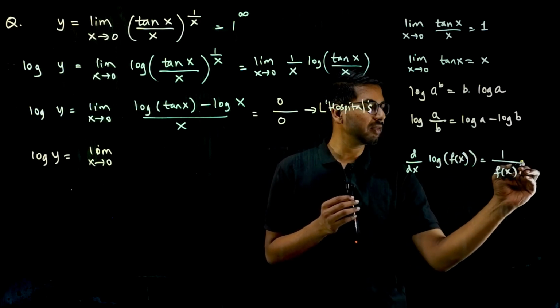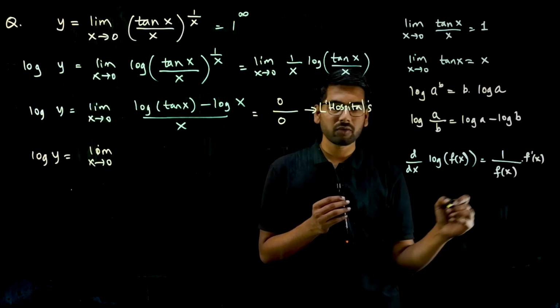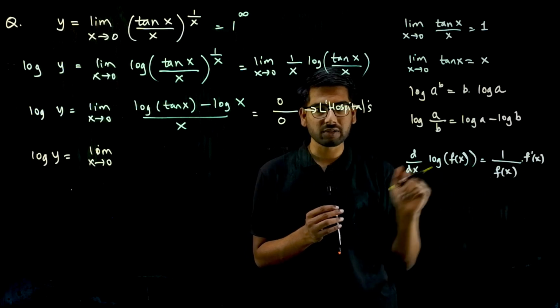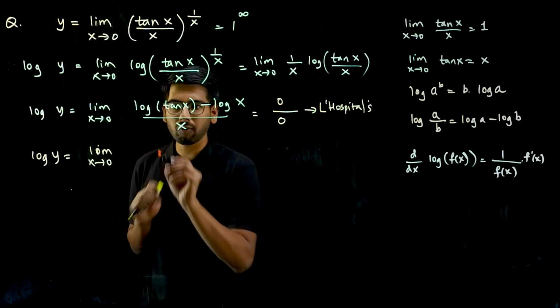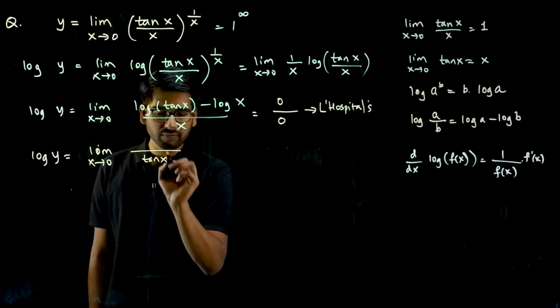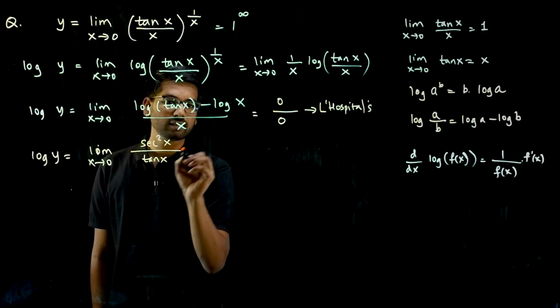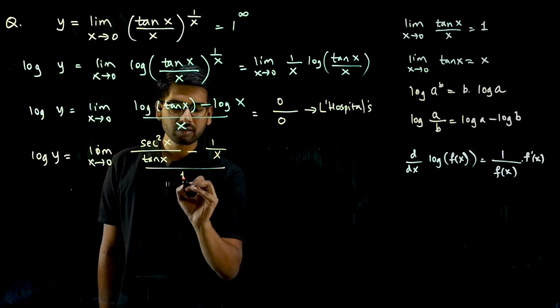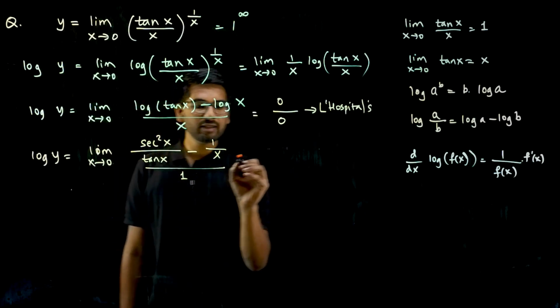So log of tan x differentiates to 1 over tan x times secant square x, minus the differentiation of log x, which is 1 over x, divided by the differentiation of x, which is 1. I will rewrite this.